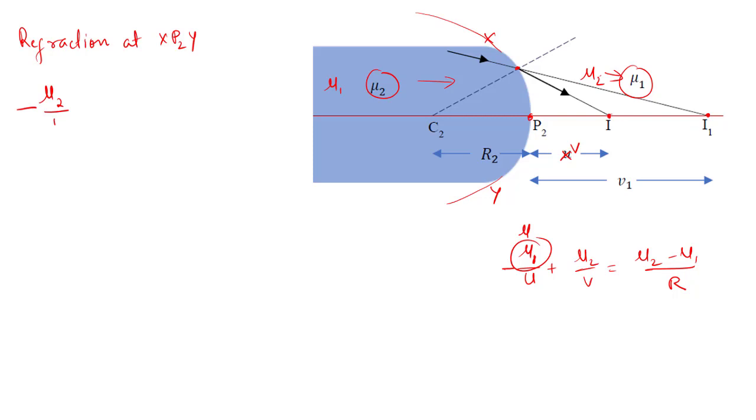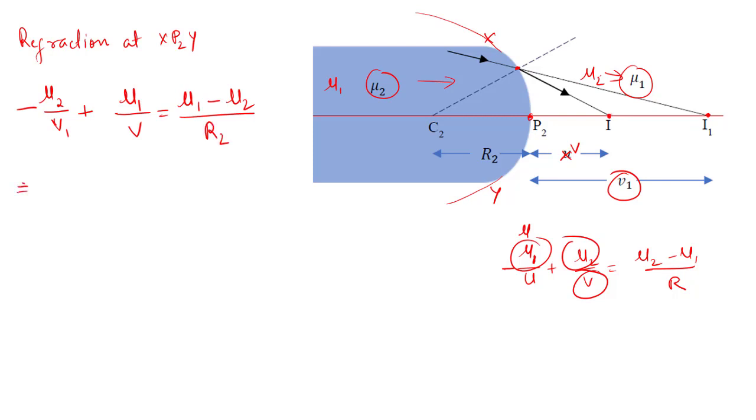The position of the object is v1, so u is v1. I1 is considered as the virtual object, plus mu1 by the final image v equals mu2 minus mu1. It will be mu1 minus mu2 for this. Mu1 minus mu2 divided by R2.